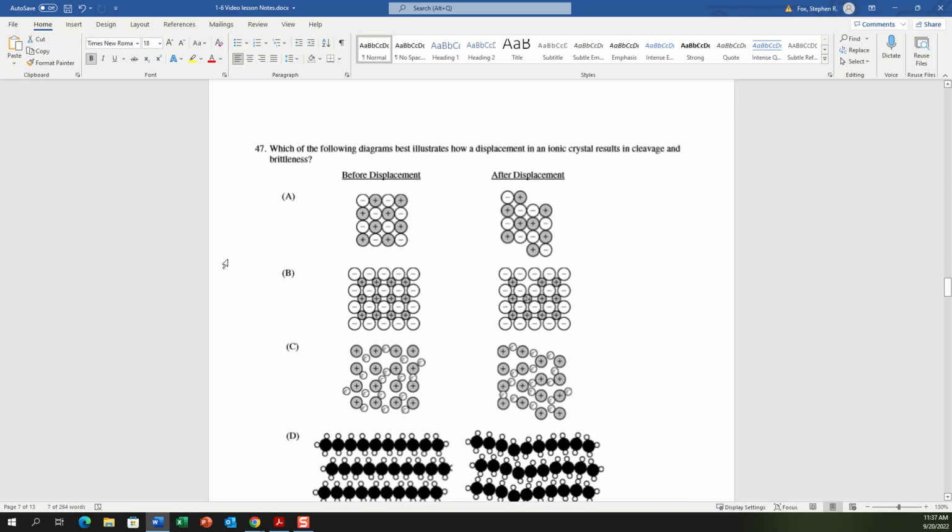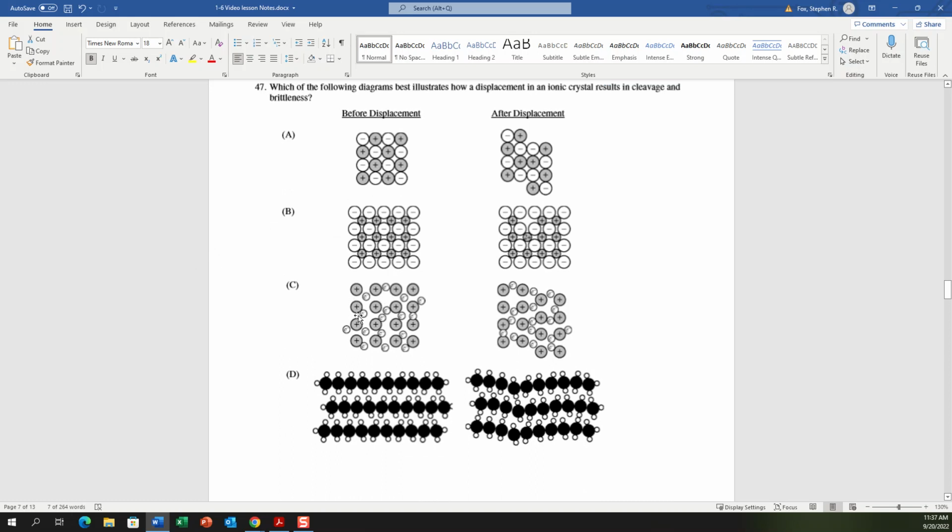All right, so first off, let's do process of elimination. We're going to learn that this diagram right here represents a metal, because it is a bunch of positive nuclei next to each other with electrons kind of free flowing in between, and that's a metallic structure. This is a hydrocarbon, obviously, so you got carbon, carbon, carbon, carbon, and each carbon has either three hydrogens on it or two hydrogens if they're one of the middle carbons. So this is just a big hydrocarbon. So these two are representing ionic structures, right?